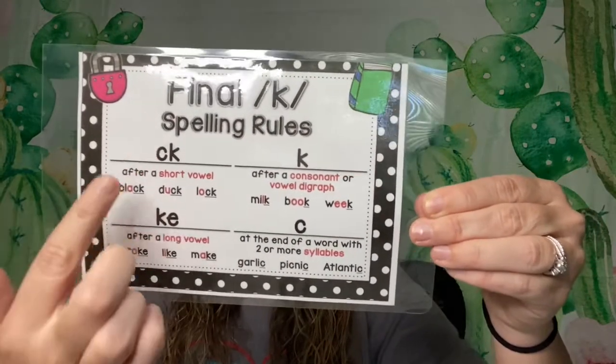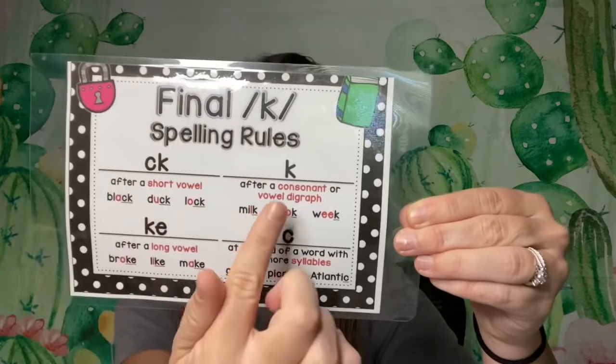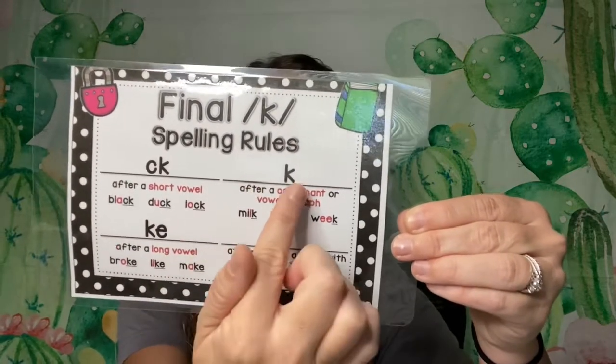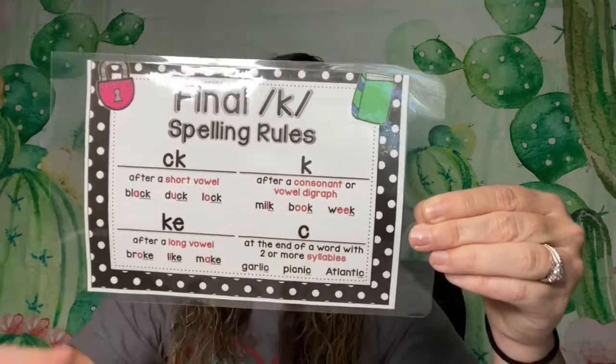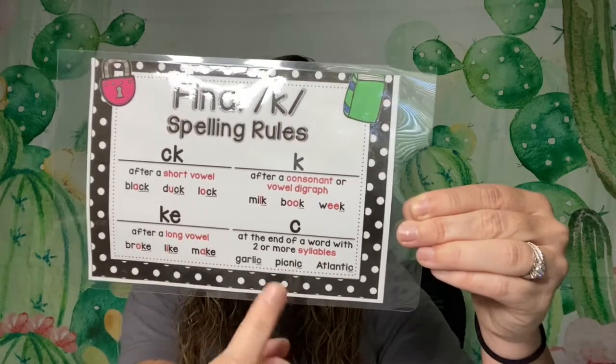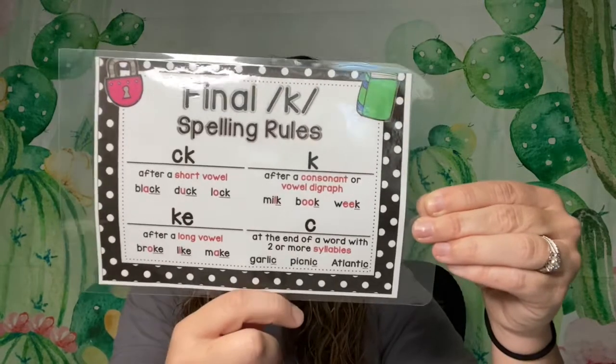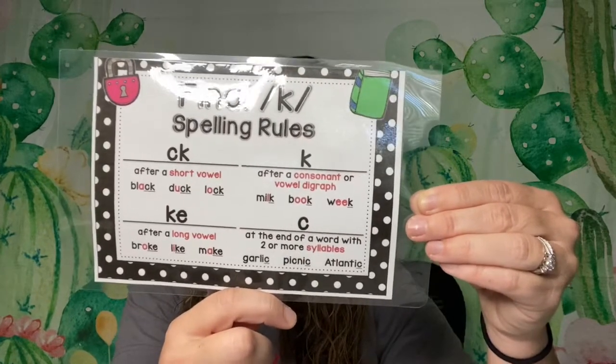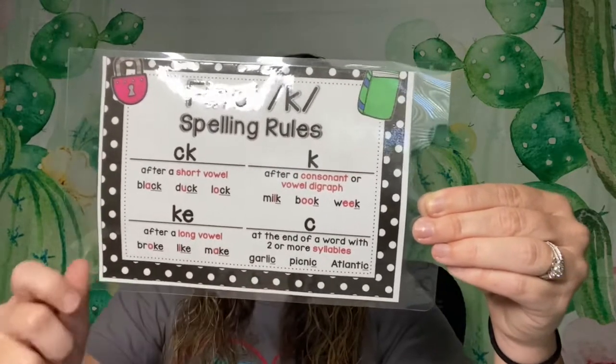There's CK after a short vowel, K after a consonant or a vowel digraph, KE after a long vowel, and C at the end of a word with 2 or more syllables.